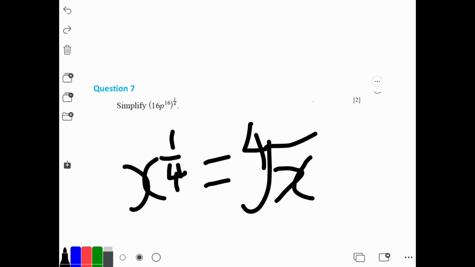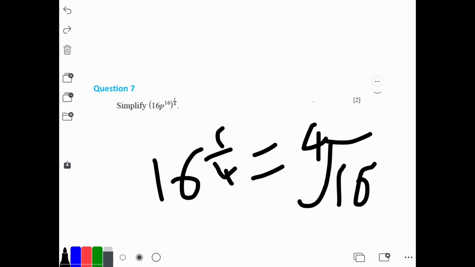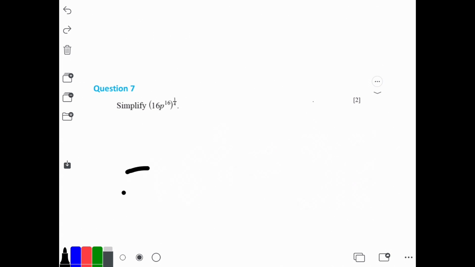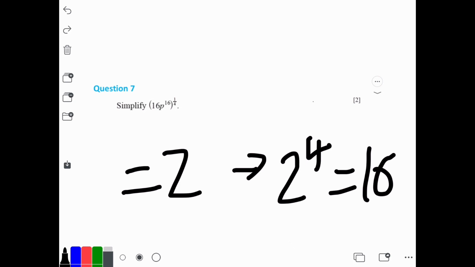So if we have 16 to the power of 1 over 4, it would be equal to the fourth root of 16. And as we know, that is 2, because 2 to the power of 4 is 16. Altogether, our final answer would therefore be 2p to the power of 4.